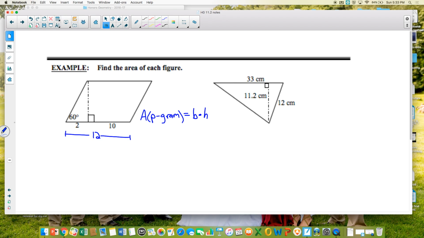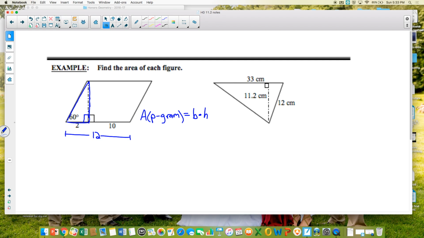10 plus 2 is 12. We have to find our height. We have to end up finding this dashed line. And if you look at that triangle formed, this is one of our special triangles because we have 60 degrees. This is a right angle. We have a 30, 60, 90 triangle.